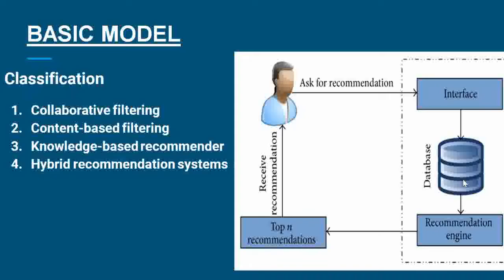Such systems are developed on the assumption that items with similar characteristics are related in a similar way. Third one is knowledge based recommender. It is a system that recommends products based on specific domain knowledge. And then the fourth one is hybrid recommendation system. This system is a combination of techniques used in the above filterings, like collaborative filtering, content based filtering and knowledge based recommender. This combination of the above systems is called a hybrid recommendation system.